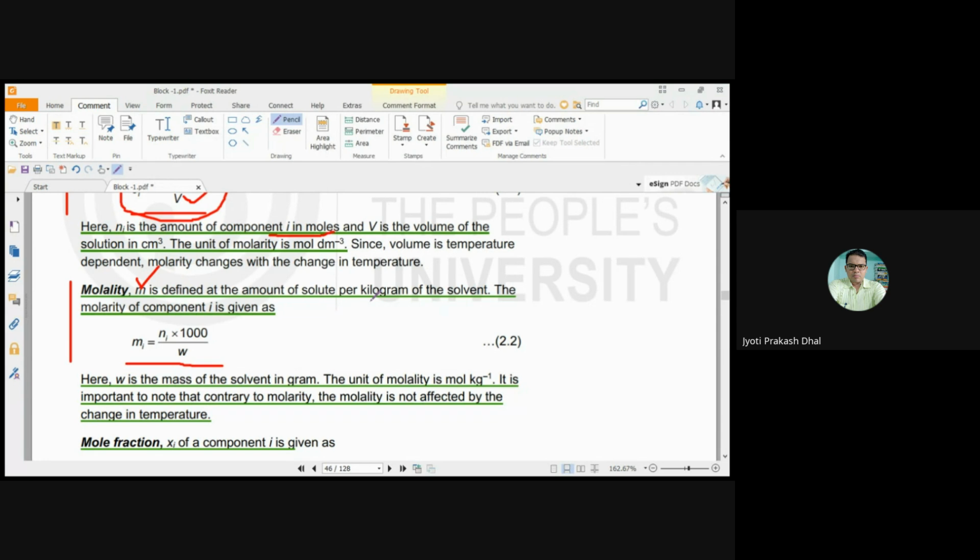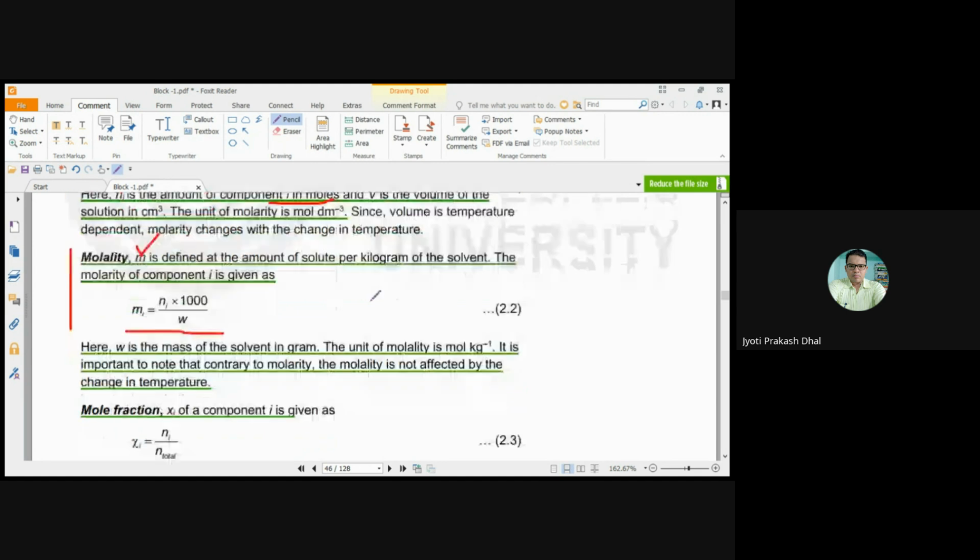That means molality equals the number of moles of the solute divided by the mass of the solvent in kg. But if the mass of the solvent is given in gram, we can write molality equals number of moles of solute into 1000 divided by W, where W is the mass of the solvent in gram. Hence, the unit of molality is mole per kg.